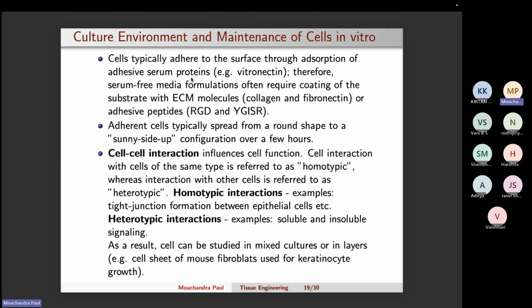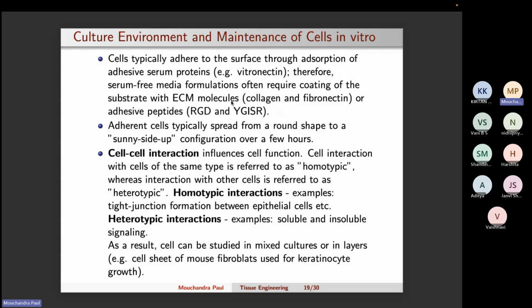Now, you may typically do it. When you are using this kind of polystyrene, we also call it tissue culture polystyrene coated flask. When you are using this tissue culture flask coated with polystyrene, you allow the adsorption of serum proteins like vitronectin.